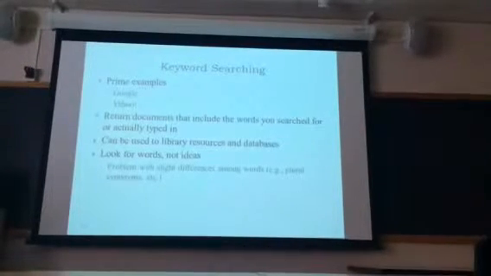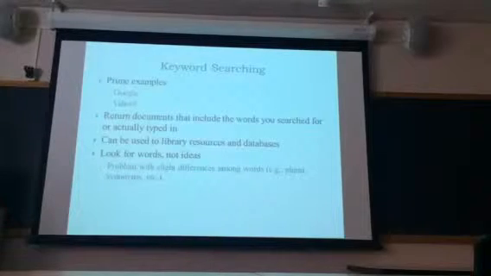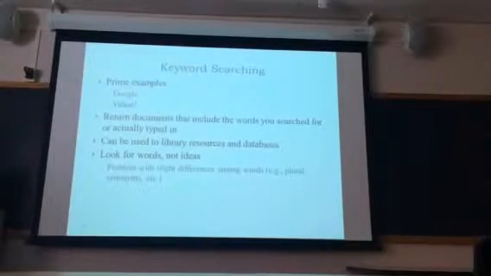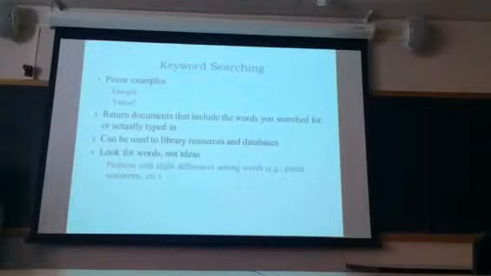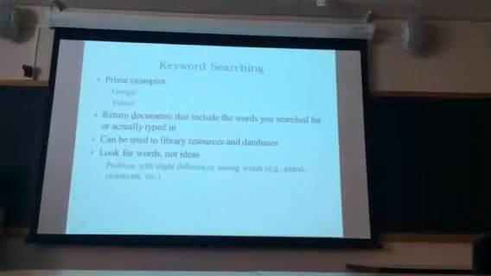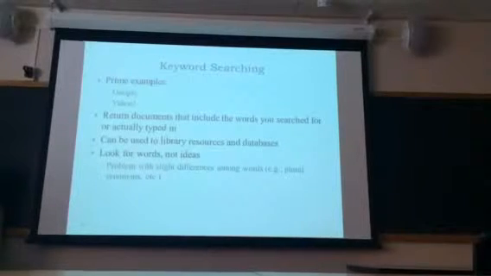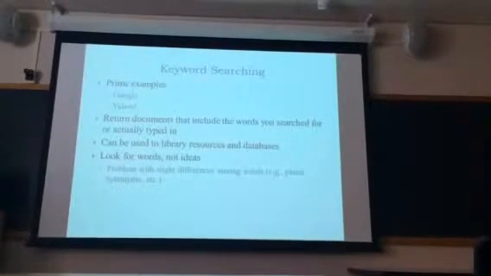But here is the point: the difference among words that you use for search has an effect on search results. Since keyword searches look for words, not ideas, you can miss important documents when authors use different spelling or synonyms from what you use for search.